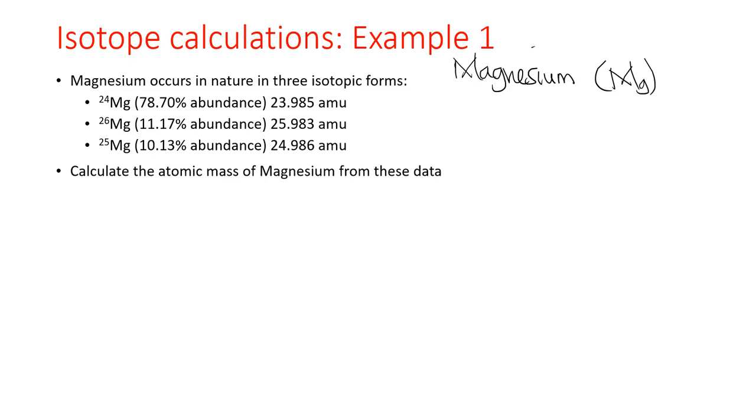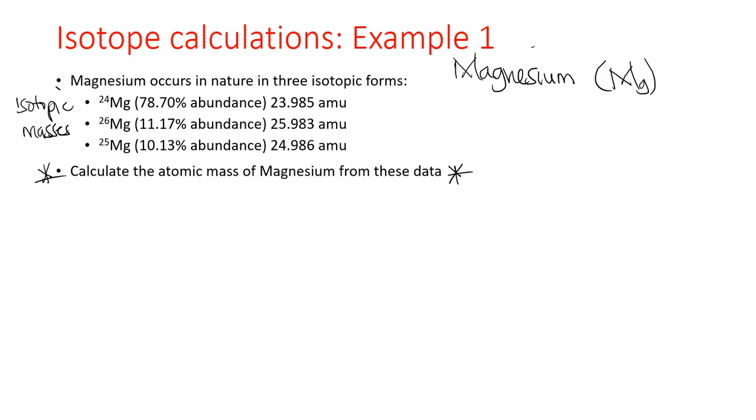So whatever we have here are what we call isotopic masses for each isotope. So the question is, calculate the atomic mass of magnesium from the information that you have been given.